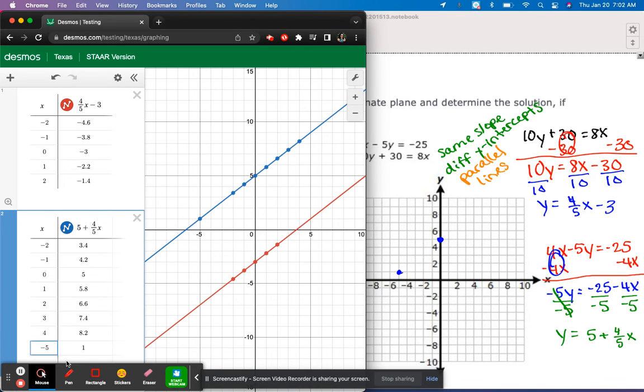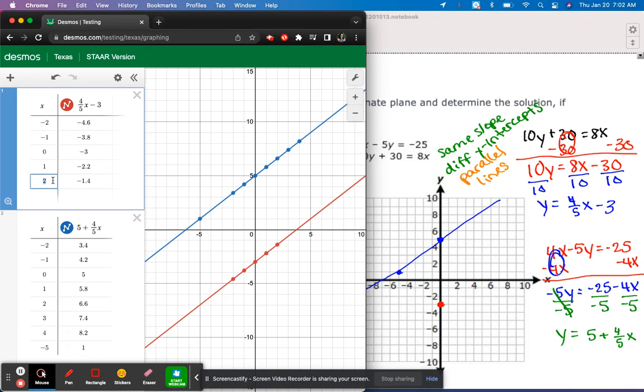Okay, for the second line, oh, sorry, I forgot to draw the line. That might help. So there we go. Kind of what it looks like. And then for the second graph, we're starting at 0, -3.